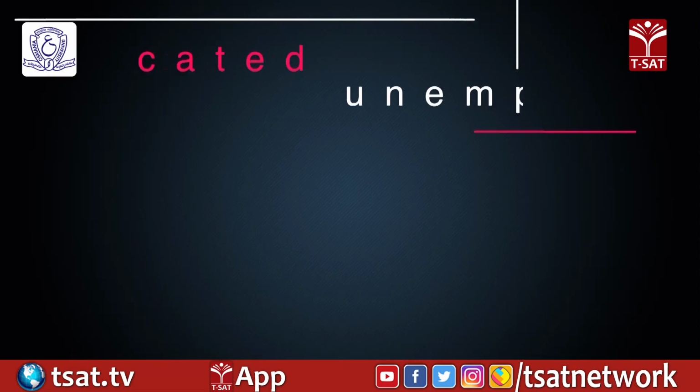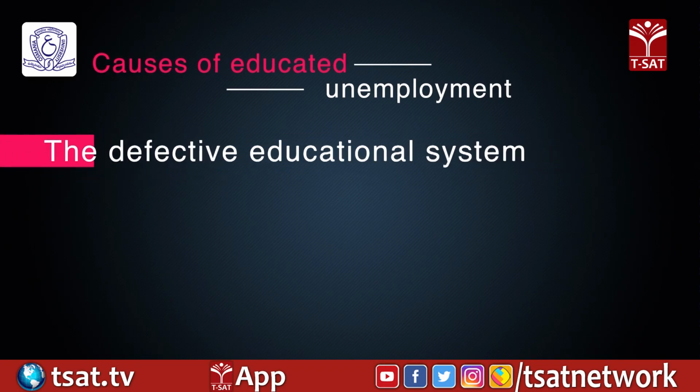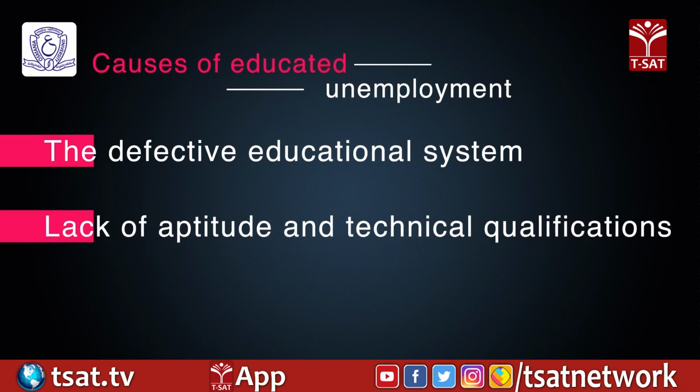Hence, the quantitative base for analyzing the problem of educated unemployment is weak. Nonetheless, on the basis of fragmentary information available, it is not difficult to understand the basic issues involved in the problem. There are many causes of educated unemployment. The defective educational system with its theoretical bias, lack of aptitude and technical qualification for various types of work among job seekers, and maladjustment between demand and supply of educated workers are some well-known causes of educated unemployment.